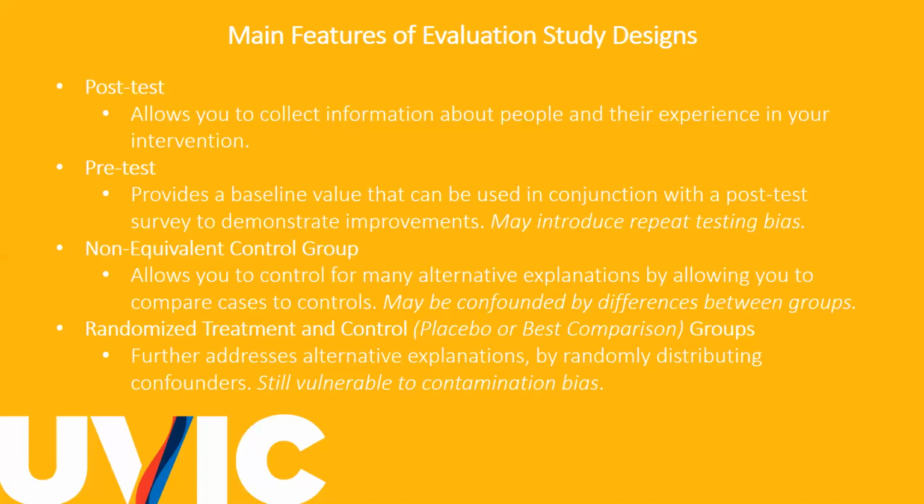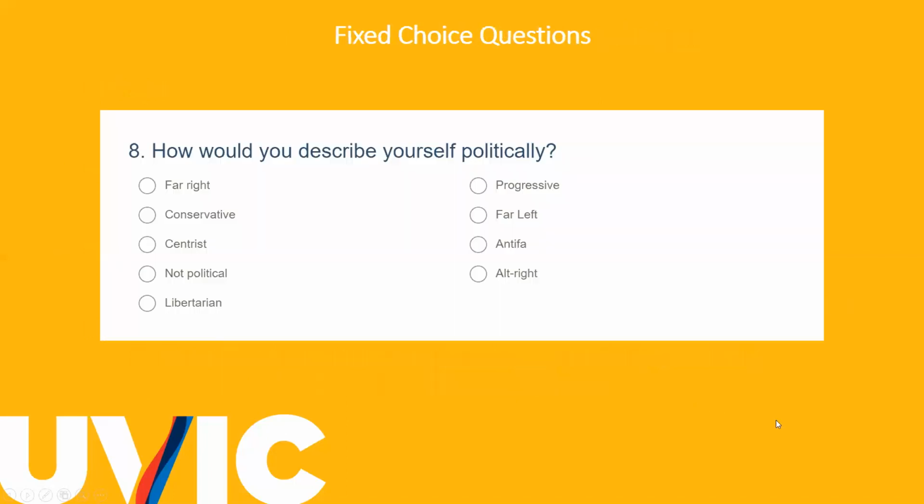And so oftentimes your control group will have a placebo or the gold standard comparison that you're trying to show that your evaluation is either better than or as good as.